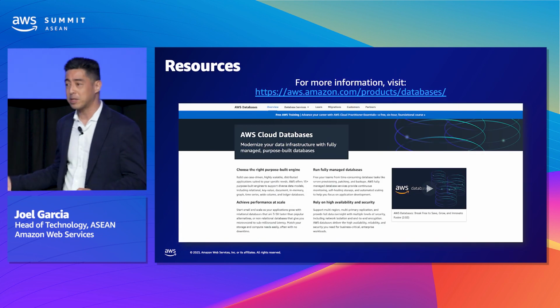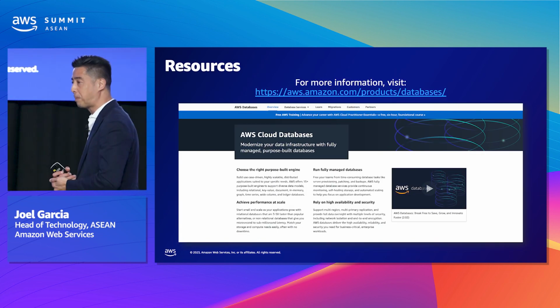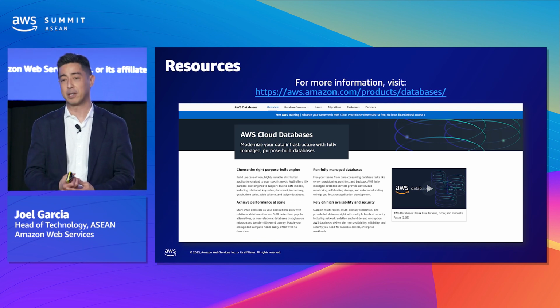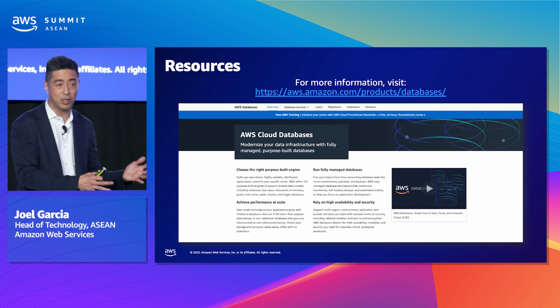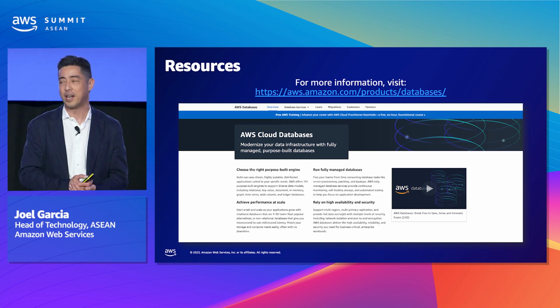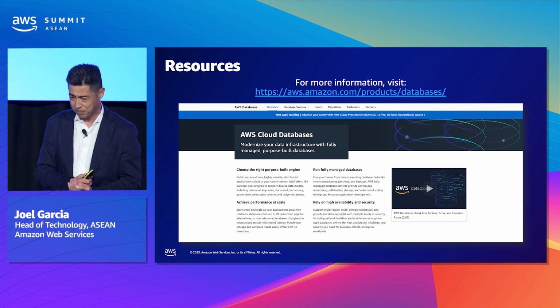As a result, you can go to this page to access more information on a lot of our purpose-built databases, so you can leverage the right tool for the job in the way that you're modernizing your microservices architecture.